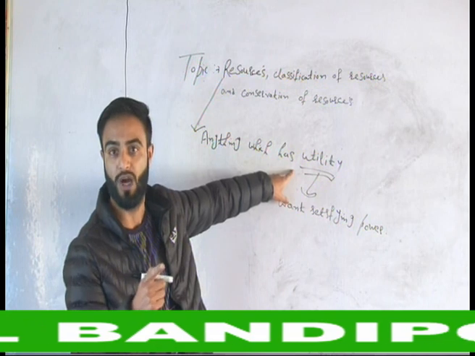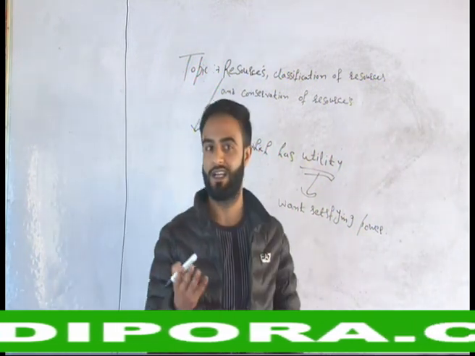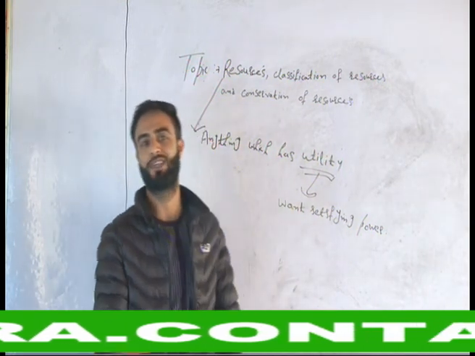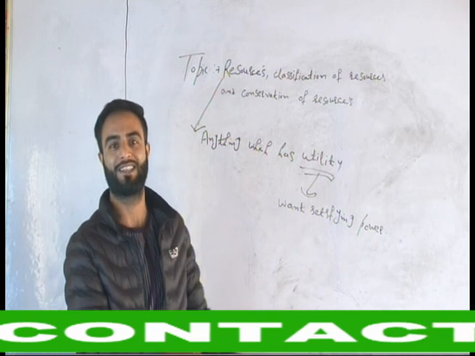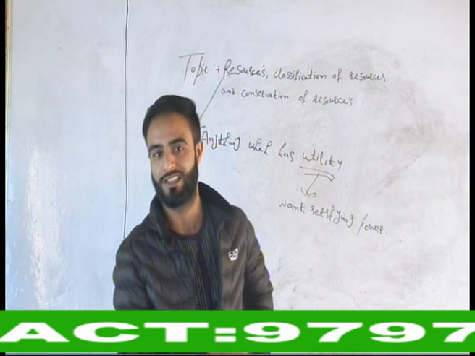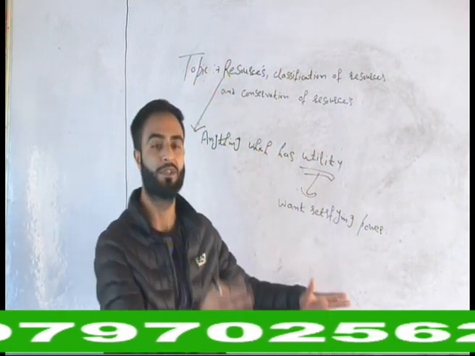It satisfies our want. Another example: if a person says he has a headache, we offer him different varieties of food. I say, just take this, Waseem, or take these chips. He simply says, no dear, I don't want these things, I simply want a tablet to get relief from this headache.